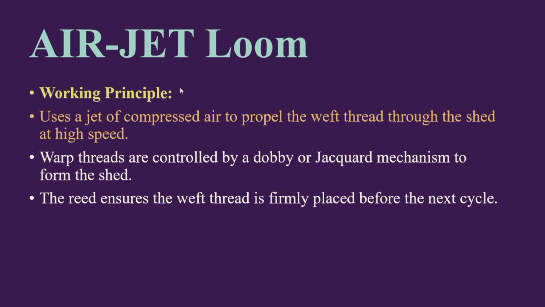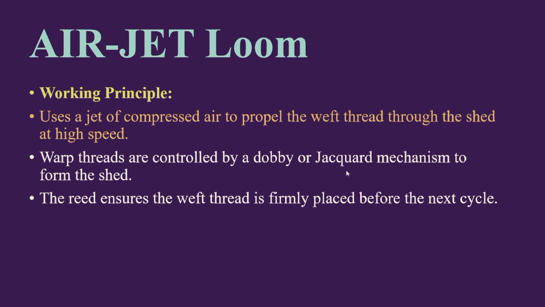In the case of a water jet loom, a jet of water is used, but as by the name air jet, a jet of compressed air is used to propel the weft thread through the shed at high speed. The warp threads are controlled by Dobby or Jacquard mechanism to form the shed. The reed ensures the weft thread is firmly placed before the next cycle.